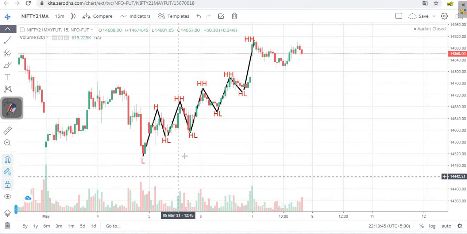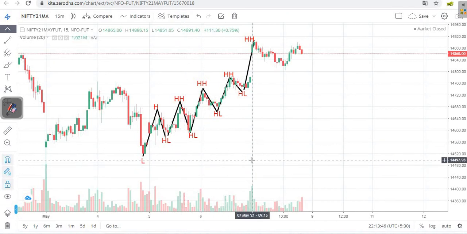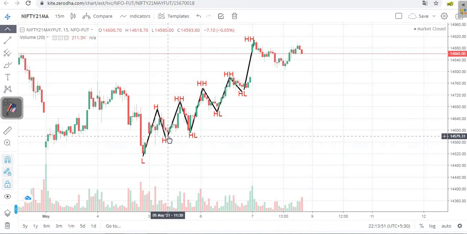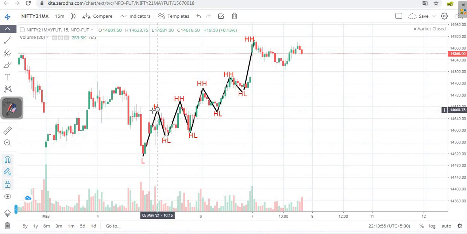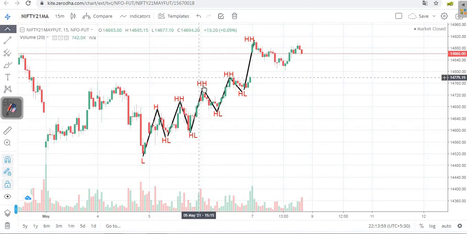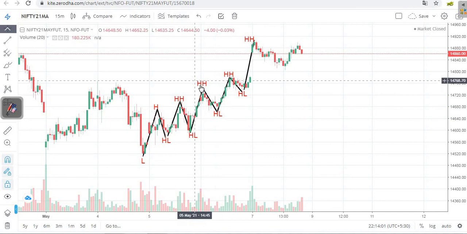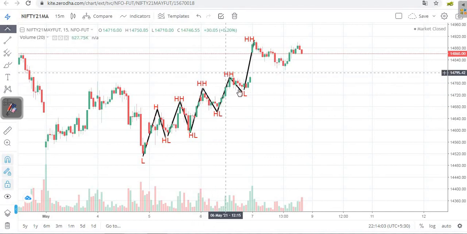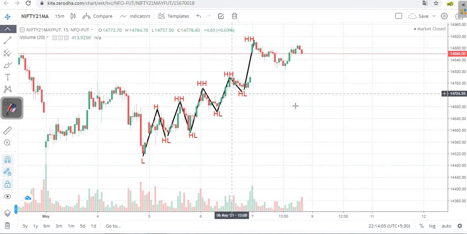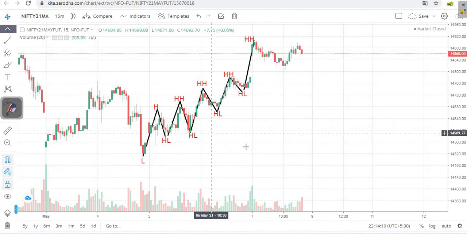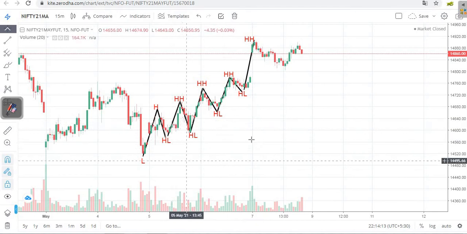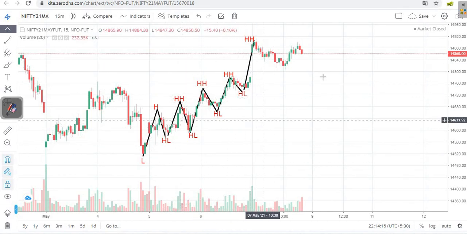I'll tell you about support and resistance in future videos. Then it goes above the previous high, so that's HH. HH, HL, HH, HL means higher high, higher low, higher high, higher low, higher high. This is the way the uptrend forms, and by that we can find out how the market goes. It's a good uptrend.